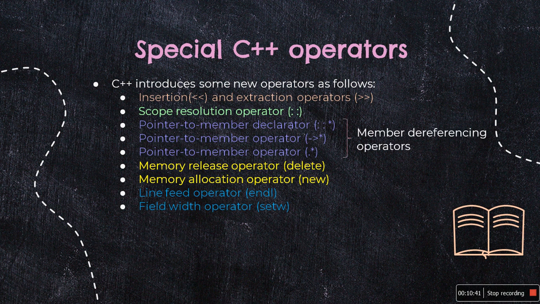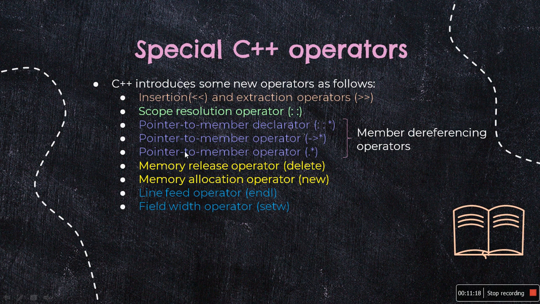Now out of these three, pointer to member declarator and pointer to member operators, these are member dereferencing operators. Here the first one, that is a colon followed by a colon and followed by asterisk, is used to declare a pointer to a member of a class, whereas this pointer to member operator, dash followed by a greater than sign, which represents an arrow, followed by asterisk, is used to access a member using a pointer to the object and a pointer to that member.